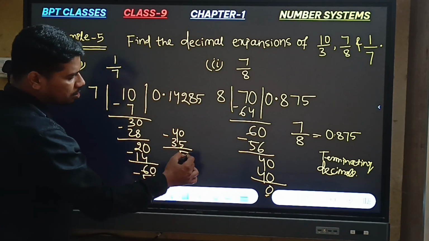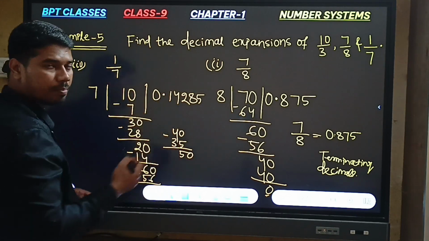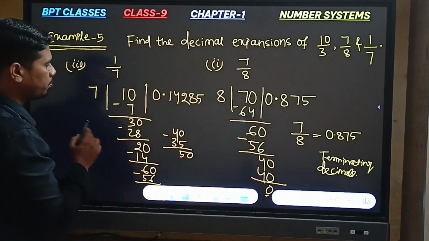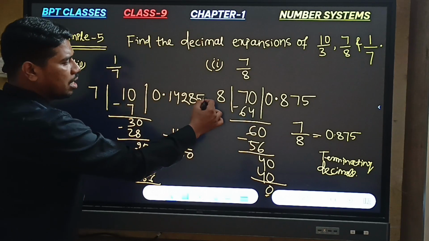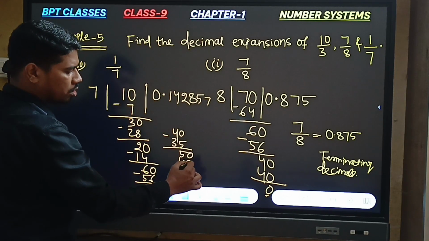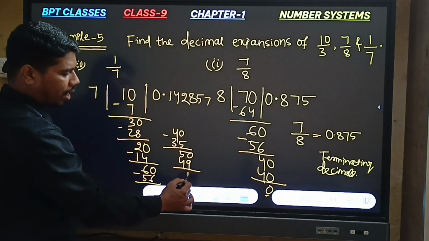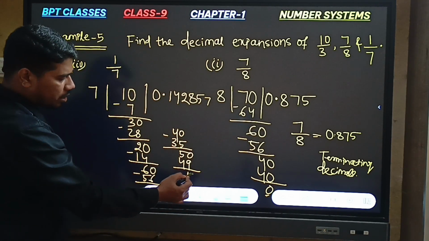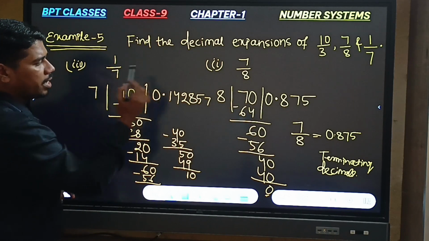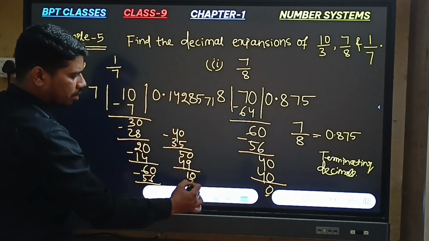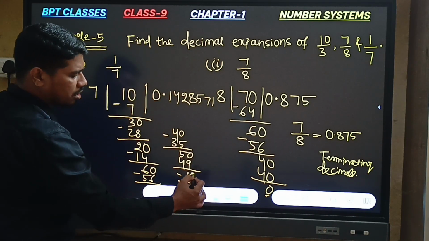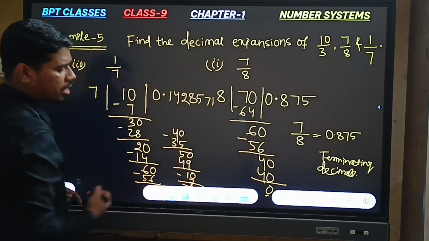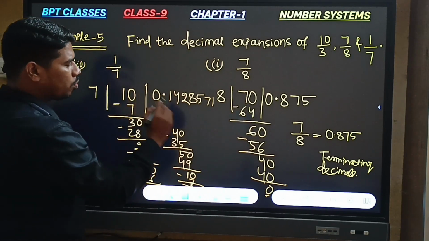Then 50 you can write, because 0 should be written here. 7 sevens are 49. So 50 minus 49, 1. If 1 came, that means again 0. 7 ones are 7. 10 minus 7, the result is 3.